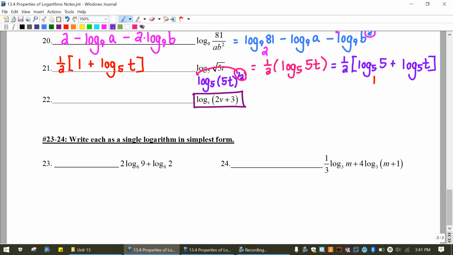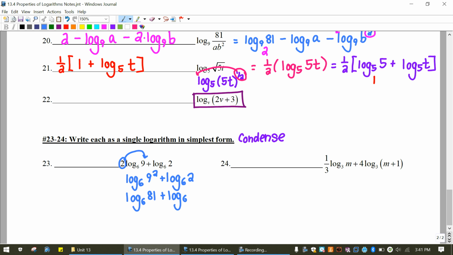All right, moving down to the last part here. The last part, writing as a single logarithm, means instead of multiple logs, I'm going to condense to just one log. So I'm going to need to take that number in front and write it as a power. So this will be log base 6 of 9 squared plus log base 6 of 2. 9 squared is 81.